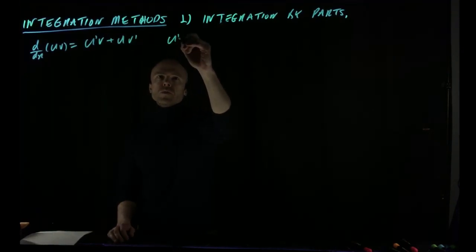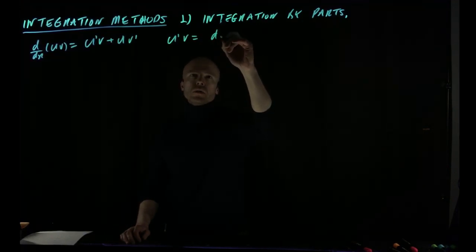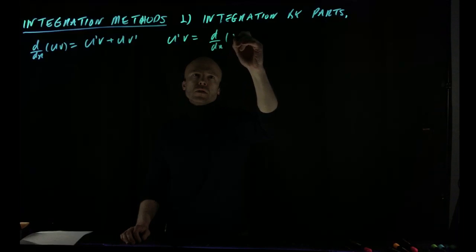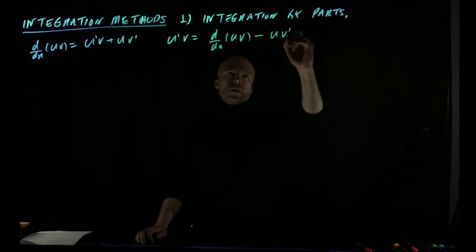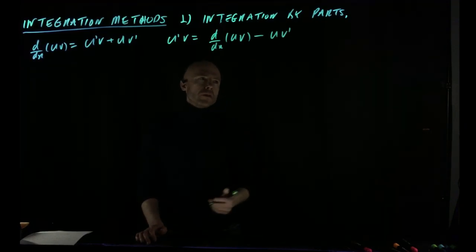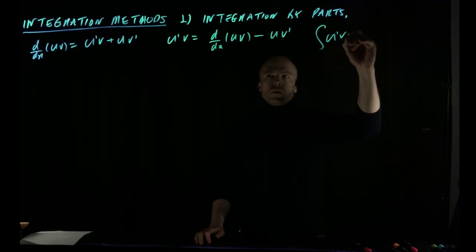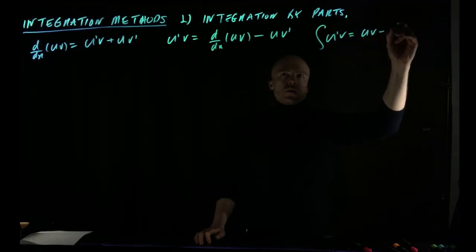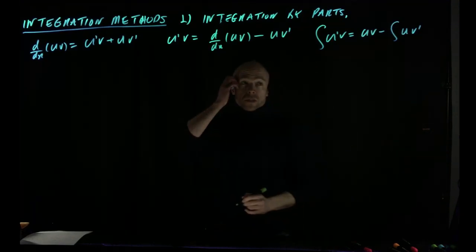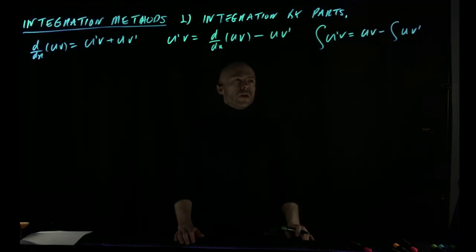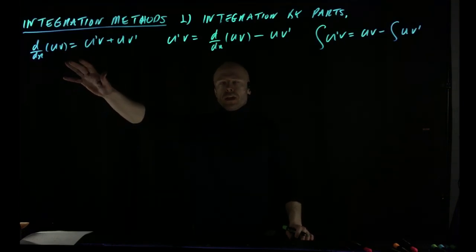So we have u prime v is equal to... and then we take the antiderivative of both sides and we end up with the integration by parts formula.